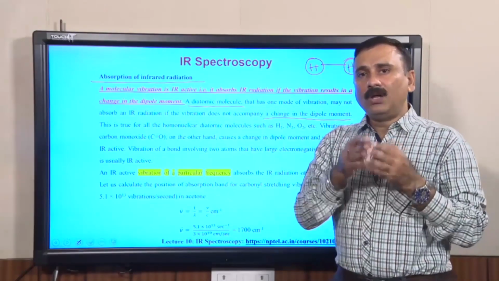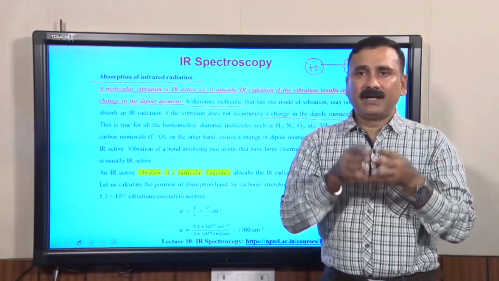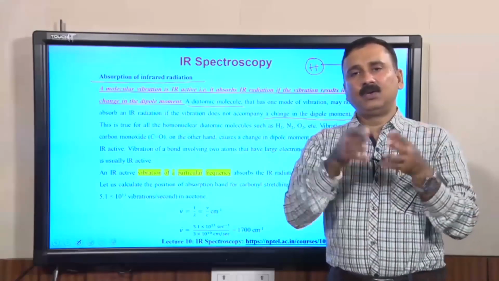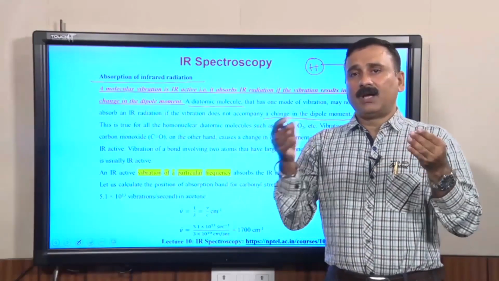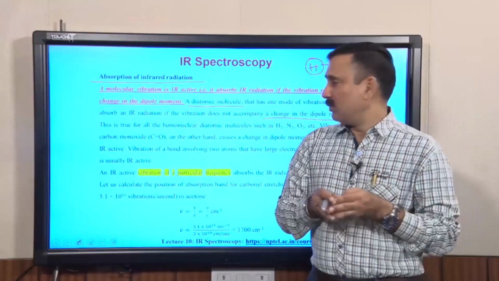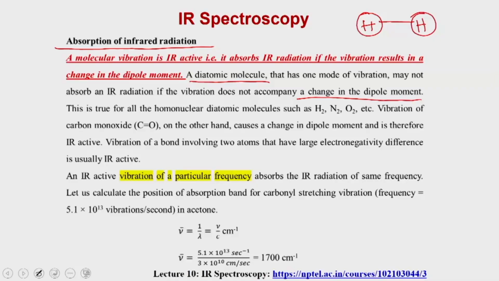That is why even if they are diatomic and connected through a bond, they are not IR active, because they show no change in dipole moment. So H2, N2, O2, all these kinds of molecules are not going to show IR absorption.